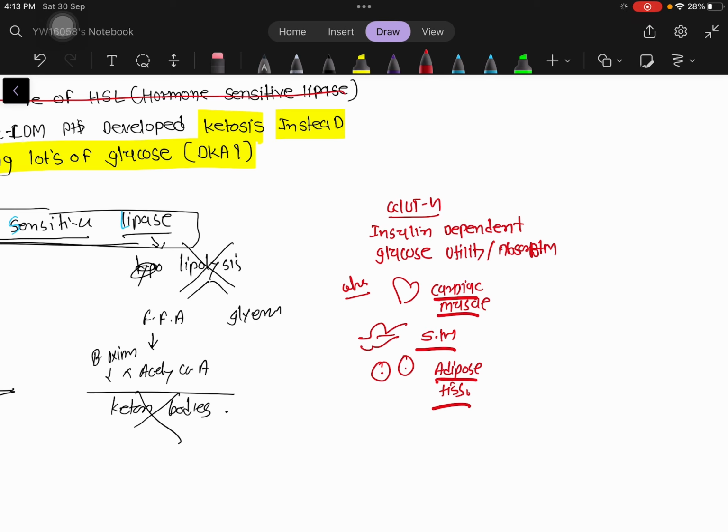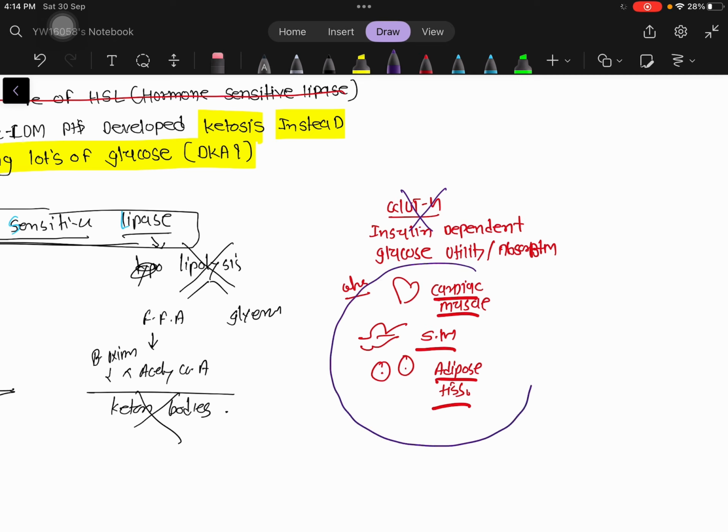So at these sites, cardiac muscle, skeletal muscle and adipose tissue, to take up and utilize glucose we require insulin. But in the type 1 diabetes patient, the body doesn't secrete enough insulin, or maybe there is no insulin in our body, so there is no GLUT4 utility and no absorption of glucose.